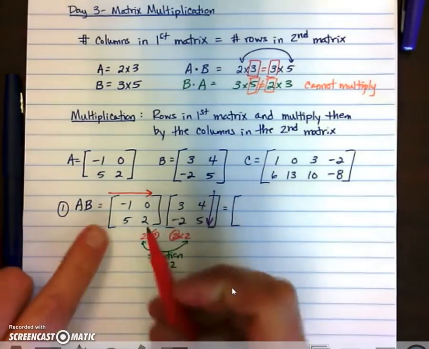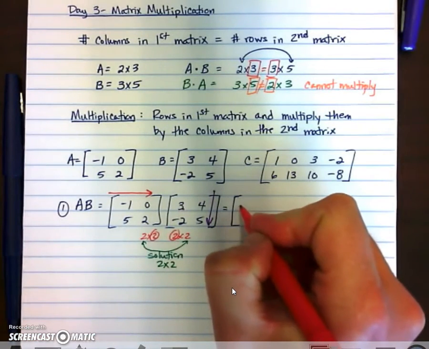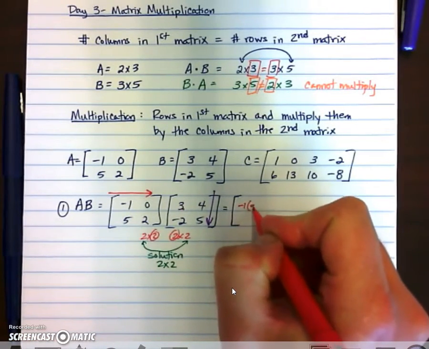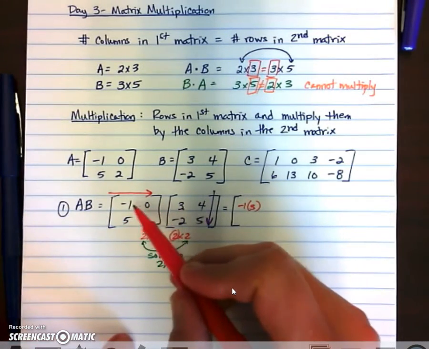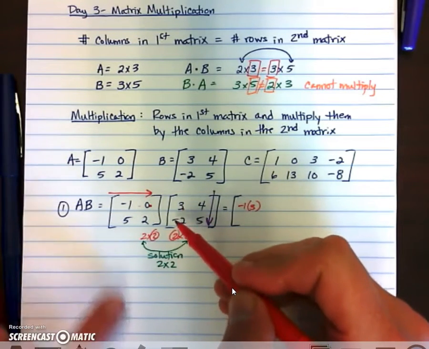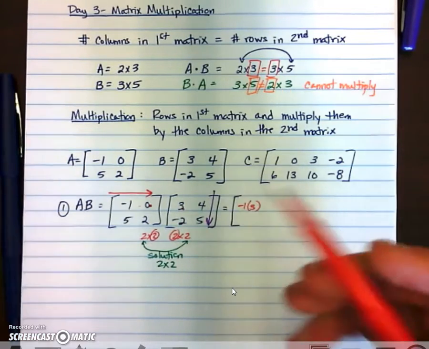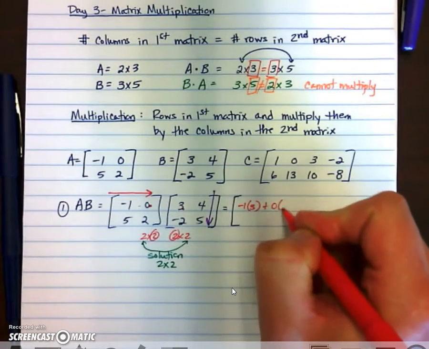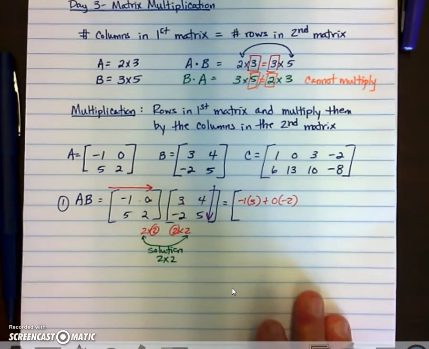So I'm going to start off and I'm going to go -1 times 3. And then I'm going to work across here. So I'm going to move across to the 0. And here I'm going to move down. So I'm going to do -1 times 3, and then I'm going to do 0 times -2. And I'm going to add that to get my first number there in my matrix.